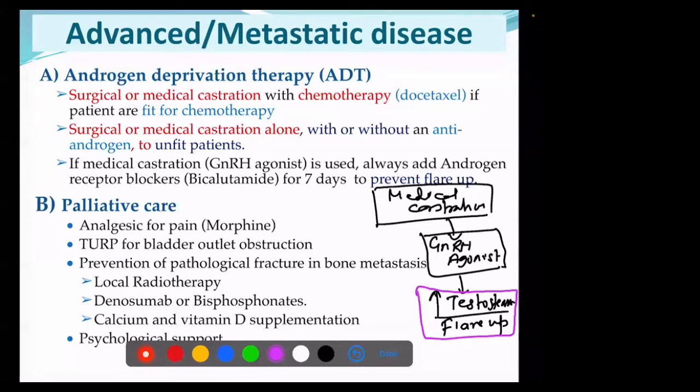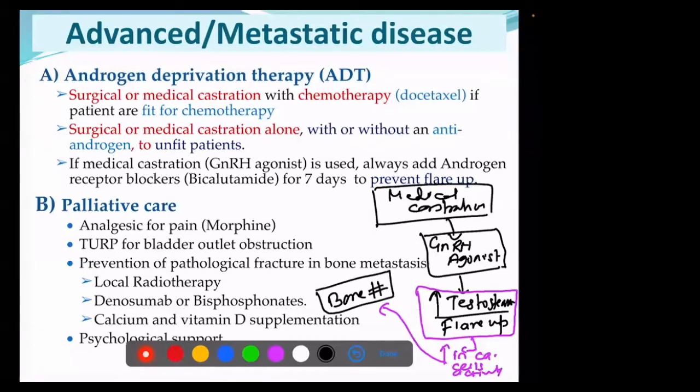In that case, if you have used GnRH agonist, then sudden increase in this testosterone causes increase in cancer cells activity also. That means it will be going to destroy the bone more rapidly, and it can cause bone fracture.